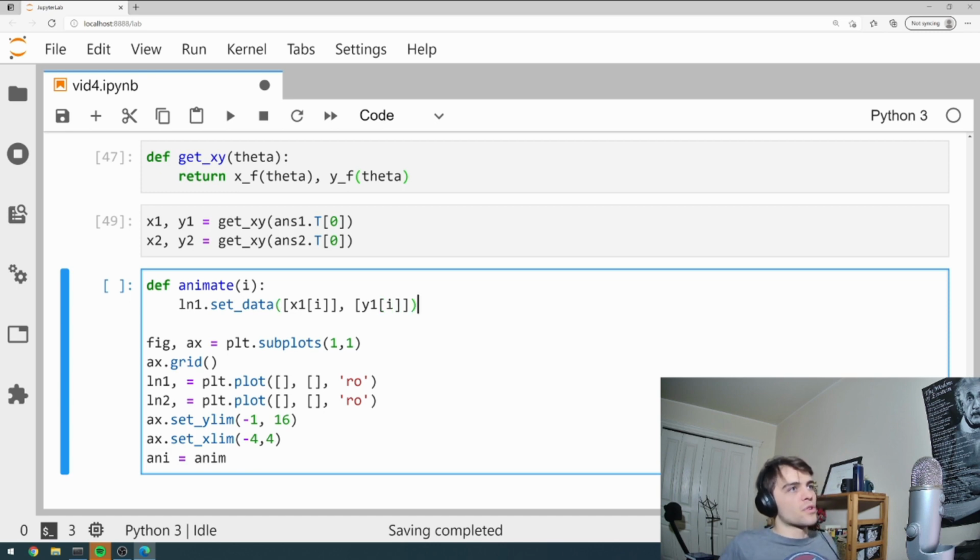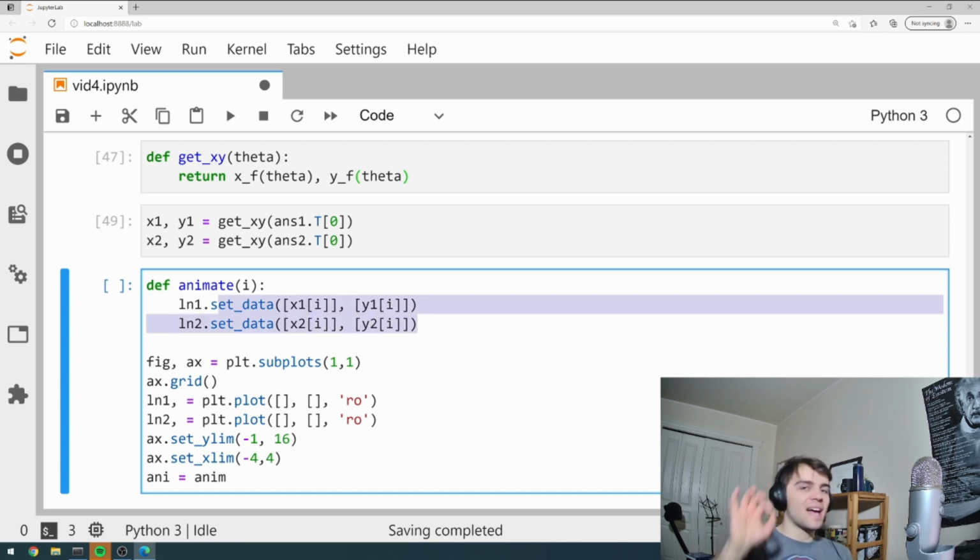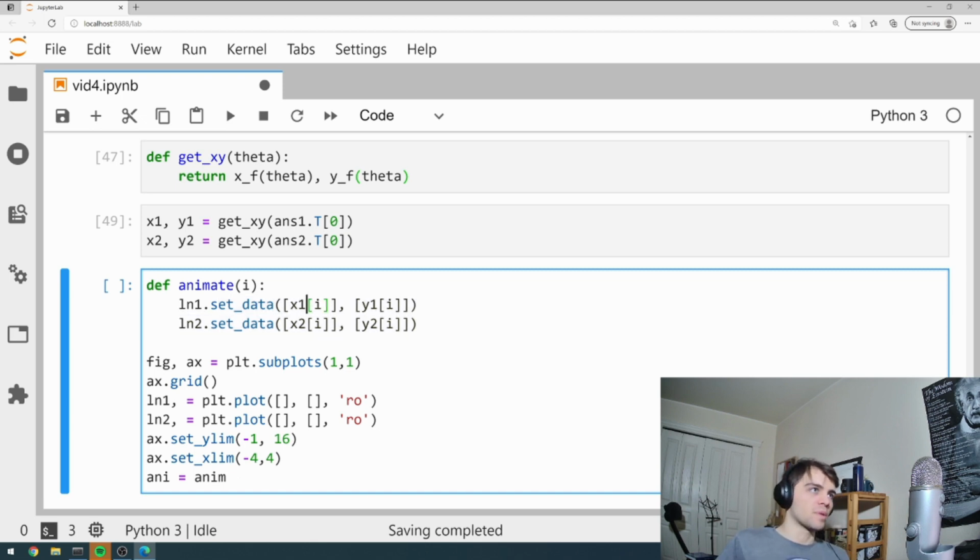So this will plot our first solution, and this here will plot our second solution. Very simple. In the animate function, it will set the data, so it moves the point to a different place depending on the frame number. That's what I'm doing. I'm just indexing by i here.